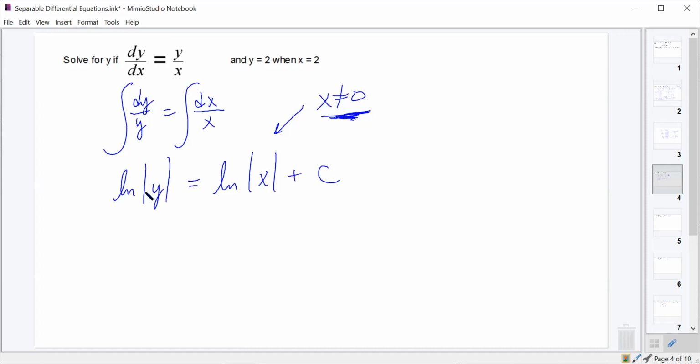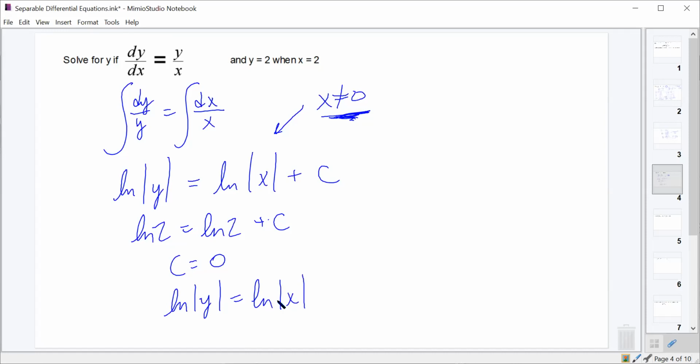Good. Okay, so now we'll plug in our 2 for y and our 2 for x. And what do we get as our constant? Zero. Should get 0. Okay, and so we just end up now with natural log absolute value y equals natural log absolute value x. And how do we clear the natural logs off of each side?